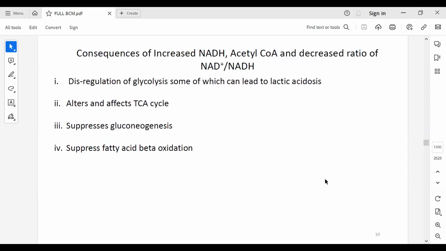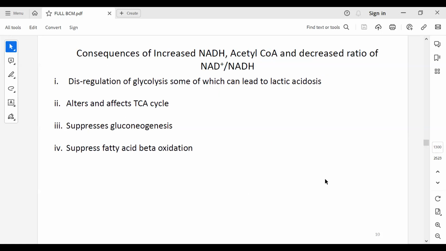This will mess up the glycolysis, because there'll be that dysregulation which we've been talking about, and that will lead to a lot of lactic acidosis.